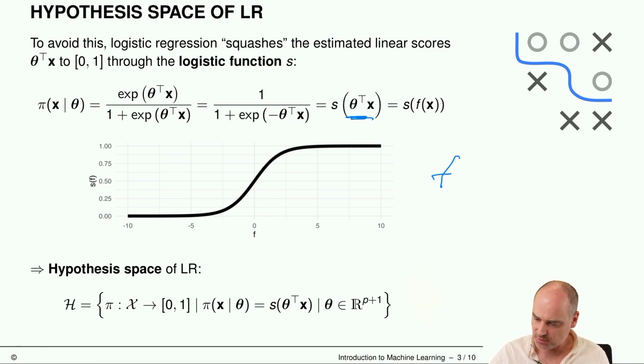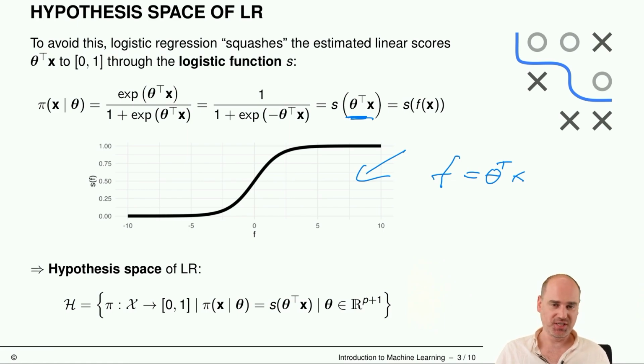In a certain sense, we'll use that to model our score for our positive class. And in order to turn this score into a predicted posterior probability, we'll squash that through a so-called sigmoidal function.